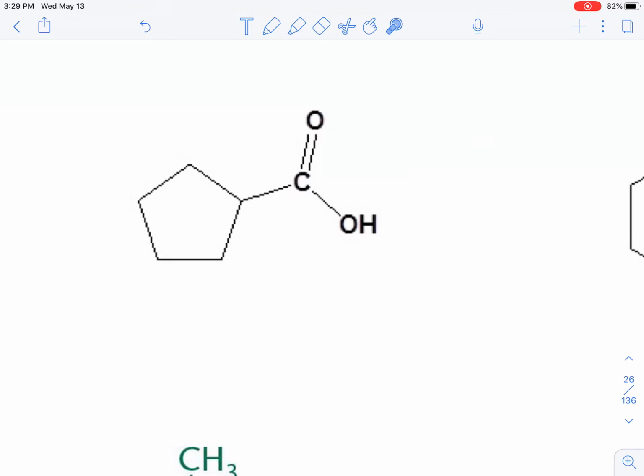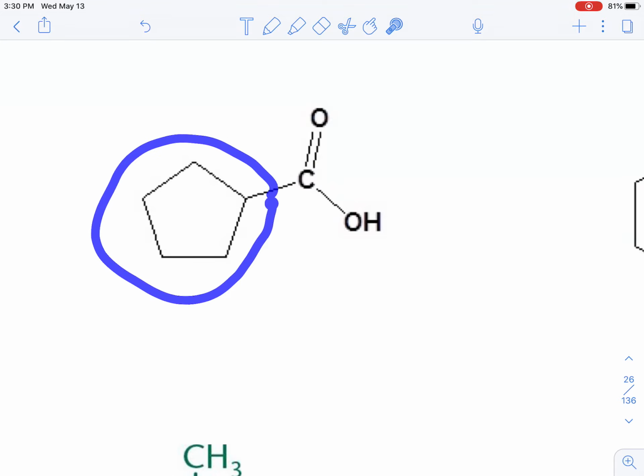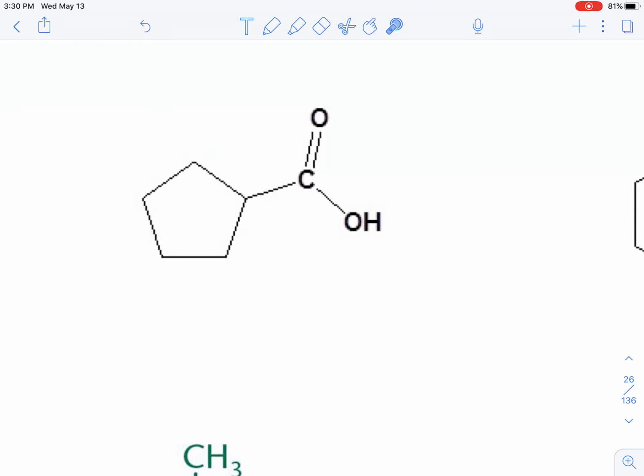And so when you guys are trying to name a cyclic alkane that contains a carboxylic acid, we are going to treat the cyclic alkane as our parent chain, if you will. And so the carbon that's covalently bonded to the carbonyl carbon is always going to be carbon number 1.